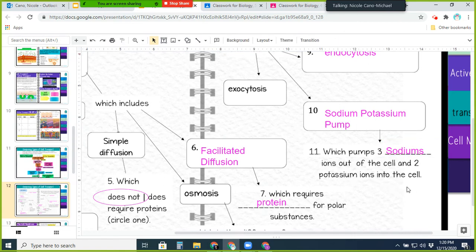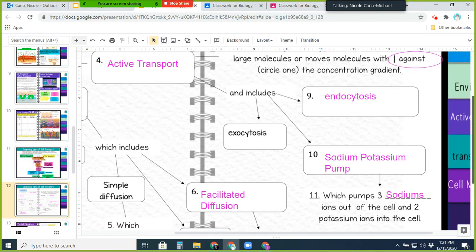If you've ever used a hand pump, you know how you push down and you pull up, so it's like you push and push and push and there's always an in and out kind of motion. Well, when those 3 sodiums go out, then 2 potassiums come into the cell and then 3 sodiums go out and 2 potassiums come in. And that is done to help maintain homeostasis. But here's the thing. It is going against the concentration gradient.